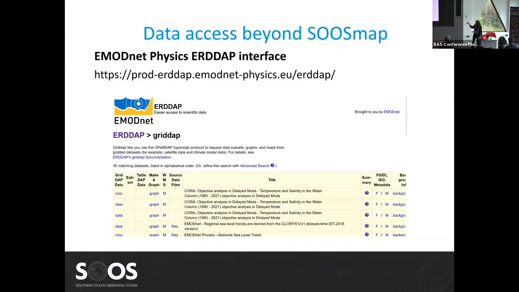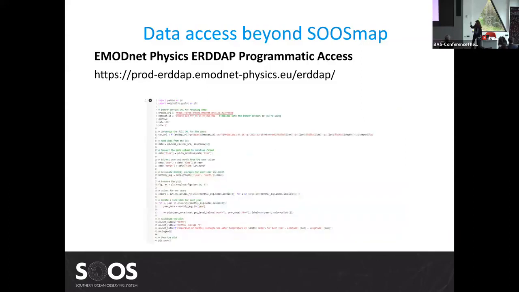So either the gridded data or tabular data, and you can then visualize them or subset them and download them to your computer. You can also have programmatic access, so you can specify with the dataset ID which dataset from the RDAP you would like to work with, and then with a Python script, as is shown here, you can then interpret the data.